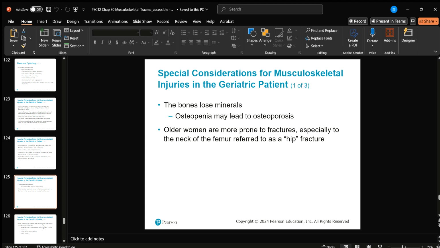In our geriatric patients, we talked about this earlier, with osteoporosis. The condition that leads to this is called osteopenia. Okay, this is more often found in older women. Older women are more prone to fractures, especially the neck of the femur, referred to as a hip fracture. So why do you think women are more prone to this than men?